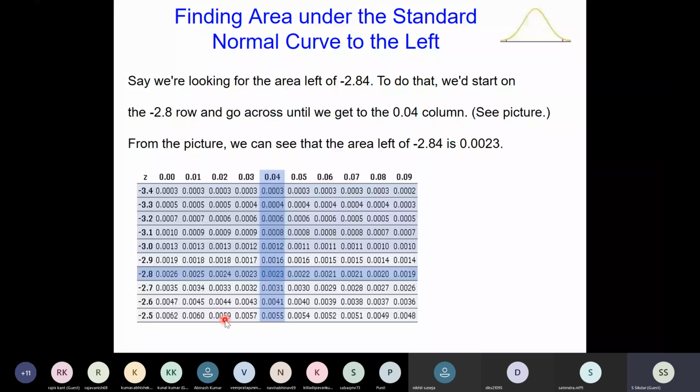Up to minus 2.80 is all right, but the second decimal point means I have to go another 0.04. So I search from here, and this is the junction point. It is 0.0023. So the area to the left of minus 2.84 is 0.0023.